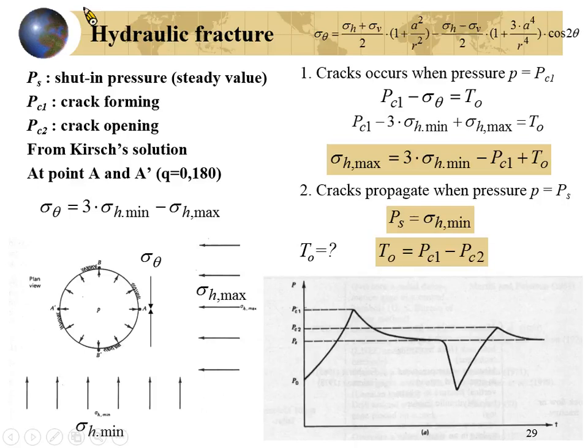Okay, so for the borehole breakout without any injection of pressure inside the borehole, the rock will be damaged like this, and you will have the maximum tangential stress here. It means you will have the maximum principal stress or horizontal stress in this direction.